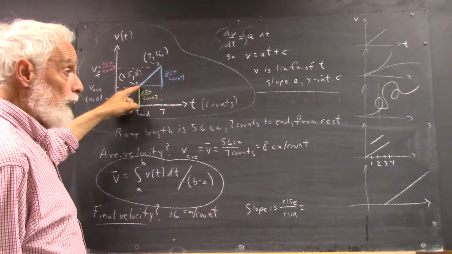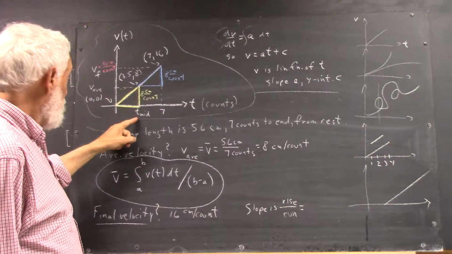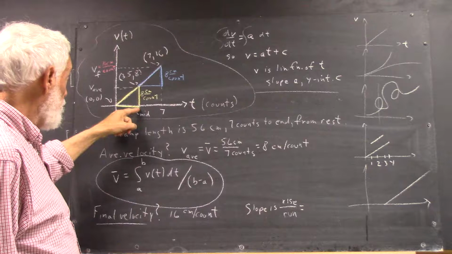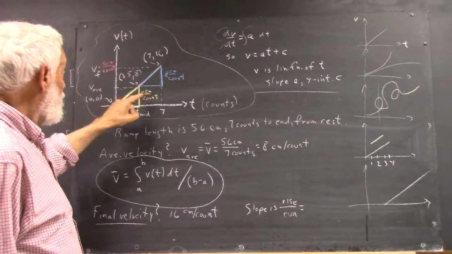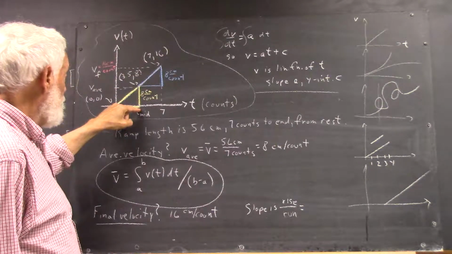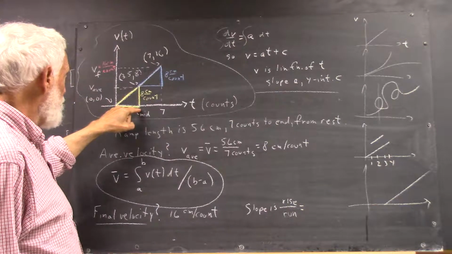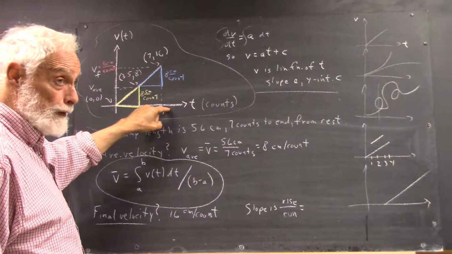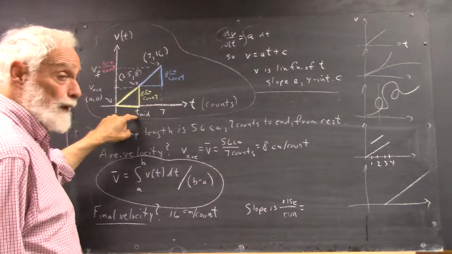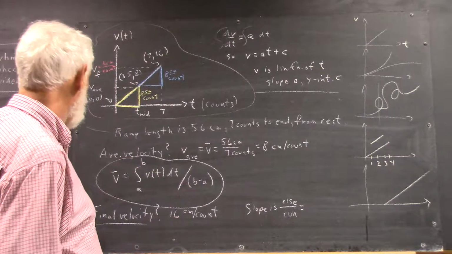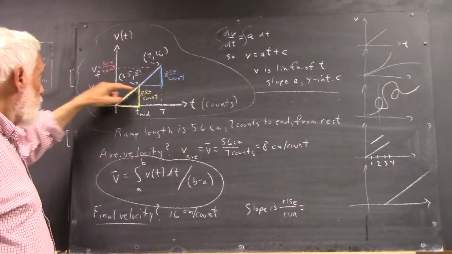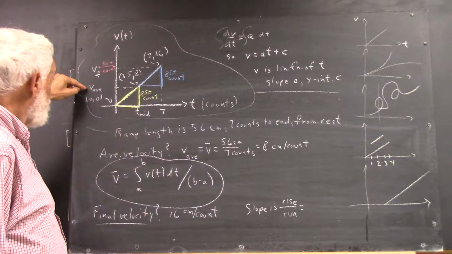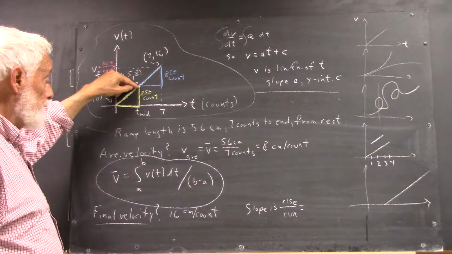So the midpoint of the graph is here, and the midpoint time will certainly be here. If this is the midpoint of this segment, this will be what we call the midpoint time, and that's going to be halfway between here and here. Well, this is 0, this is 7, that's going to be 3.5 counts. And that's where our average velocity will be. So here's where our average velocity is.